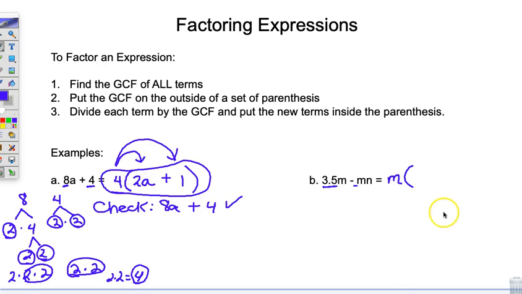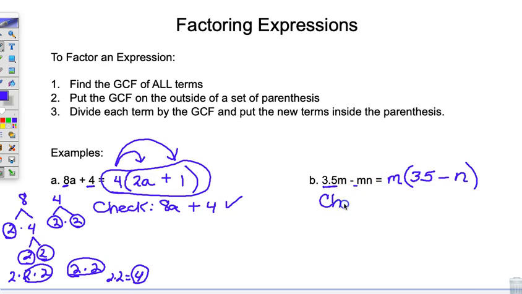I'm going to open up parentheses and ask myself m times what value is equal to 3.5m? Well, that's just 3.5. If I check it really quick, m times 3.5 is 3.5m. I'm going to keep the subtraction sign there. Then I'm going to ask myself m times what value is equal to mn? Well, that's just an n.